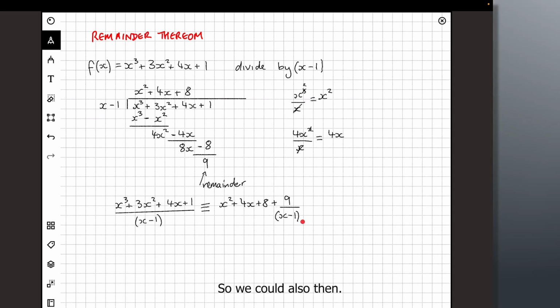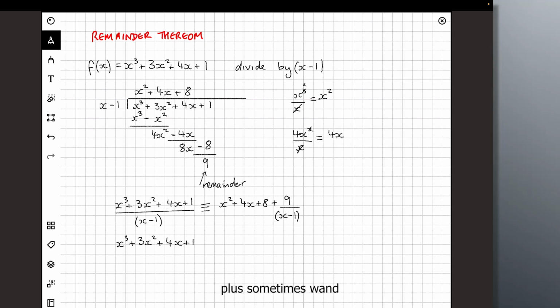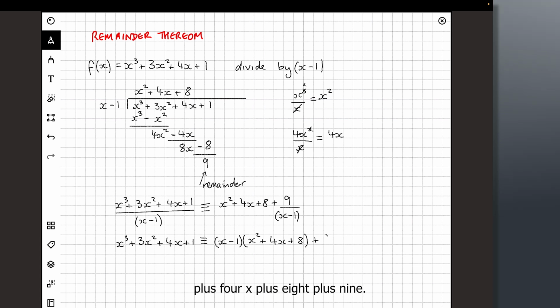Okay, so we could also get rid of this x minus 1 on both sides, and we could end up with x cubed plus 3x squared plus 4x plus 1 is the same as x minus 1 multiplied by x squared plus 4x plus 8, plus 9.